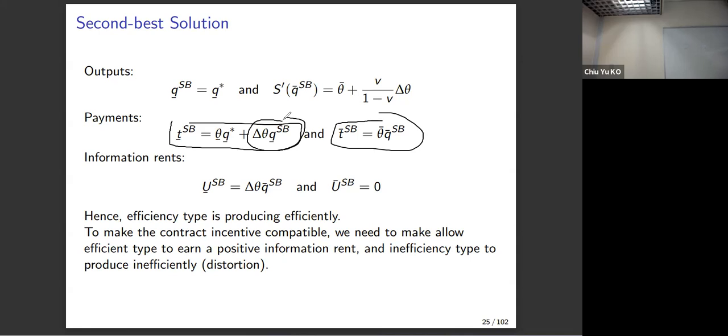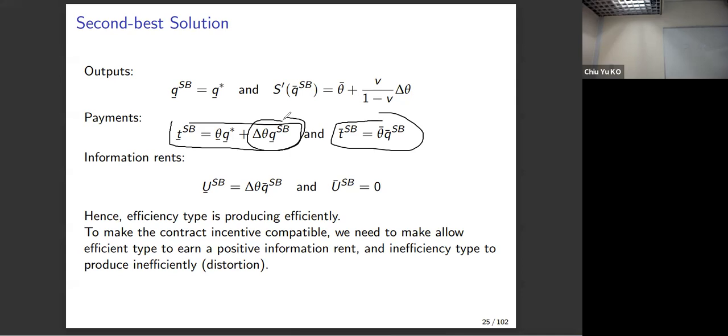The efficient firm must earn positive profit. Why? Because the efficient firm can always do whatever the inefficient firm do. If I don't give him some profit, then he can just pretend to be the inefficient one. The agent, yeah. Because the low cost agent can always do whatever the high cost doing, right?